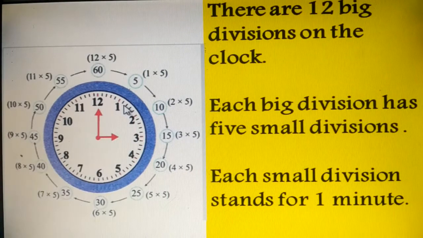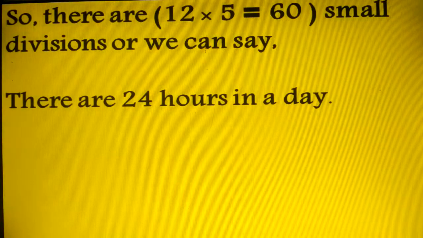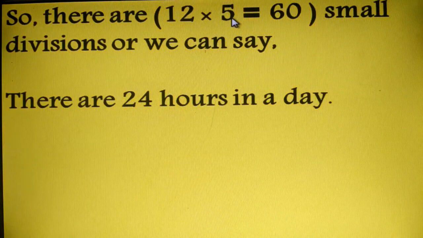Fine. After that, so there are 12 multiplied by 5 is equal to 60. 12 big divisions, 5 small divisions.